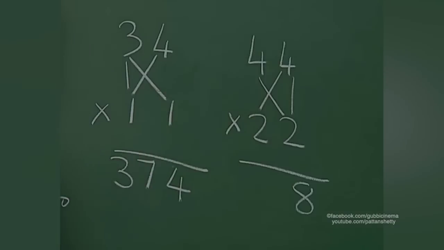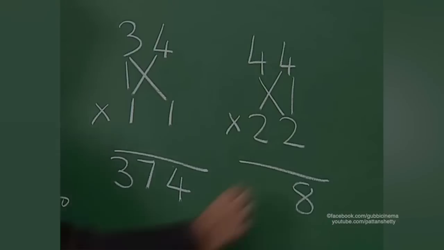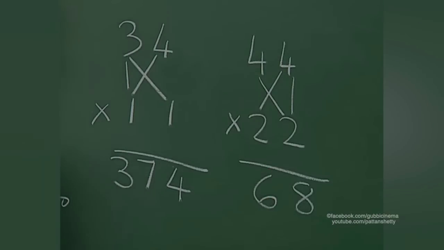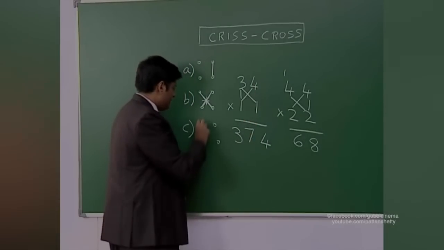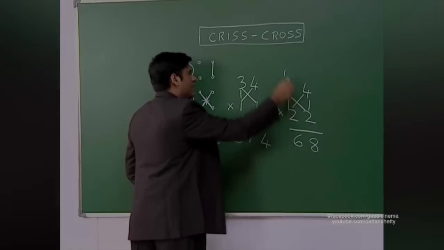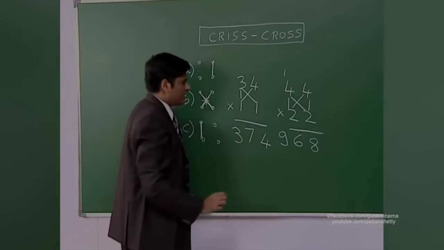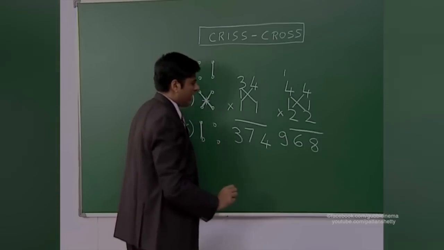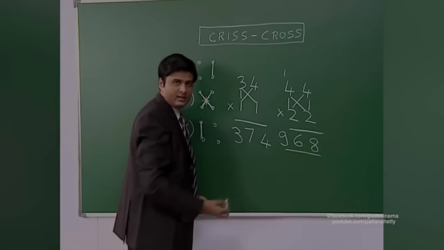Again 4 times 2 is 8. 8 plus 8 gives me 16. I write 6 and carry over 1. And my last step says multiply these two numbers. So 4 times 2 is 8 and 1 carried over gives me 9. As you can see, we got the final answer in just one line. Our final answer is 968.